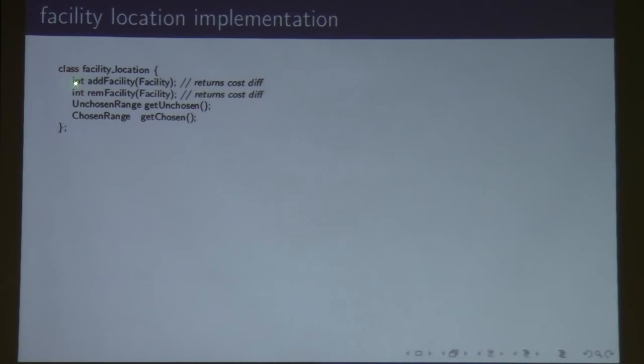This member function, add facility, just adds a facility to the solution and returns the difference in the costs. The analogous one is remove facility, and we've got just two member functions to retrieve unchosen facilities and chosen facilities.